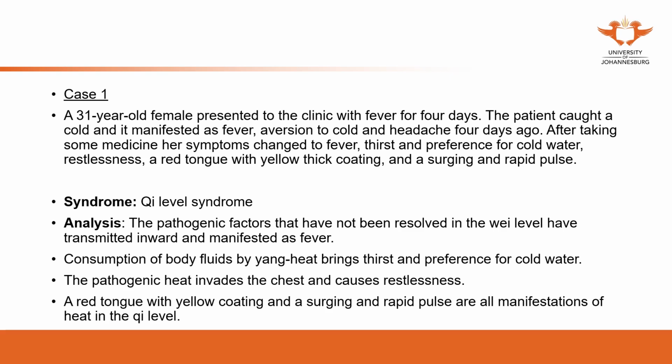So this syndrome is the Qi level syndrome. For the Qi level syndrome, we're going to use the herbal medicine to reduce the heat in Qi level. We're also going to localize the organ location in future.